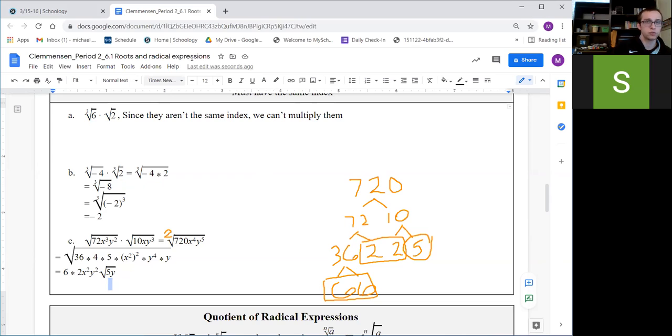And then what I'm left over with are the two things that couldn't be square rooted, this 5 and this y. Right? Everything else was square rooted, so it went out to the outside. It's only two of the things that stayed inside. Then a little bit more simplifying, you end up with this as your answer. 6 times 2 gives you 12.